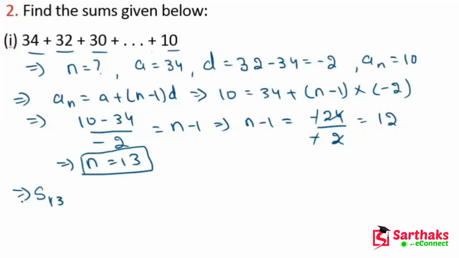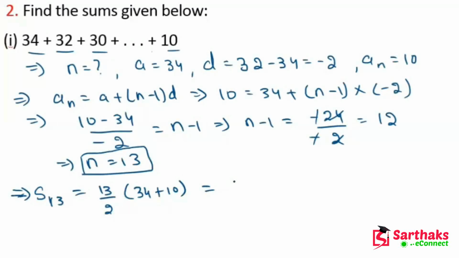Now we have to find S13. So 13 upon 2. Now we know the first term and the last term, so we can directly use a plus l, which means 34 plus 10. We do not need to put the complete formula; we can do it by this method also.